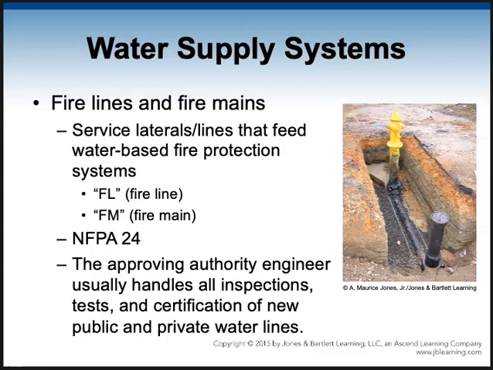Even in a business, they want to keep the water going to the toilets, the sinks, and maybe the water fountain. That's going to be clean domestic water. The water going to the fire sprinkler system is going to be separated, and I'll show you how they separate that. But there'll be two different mains coming into the building. We're concerned about the fire lines, and the fire mains, okay?